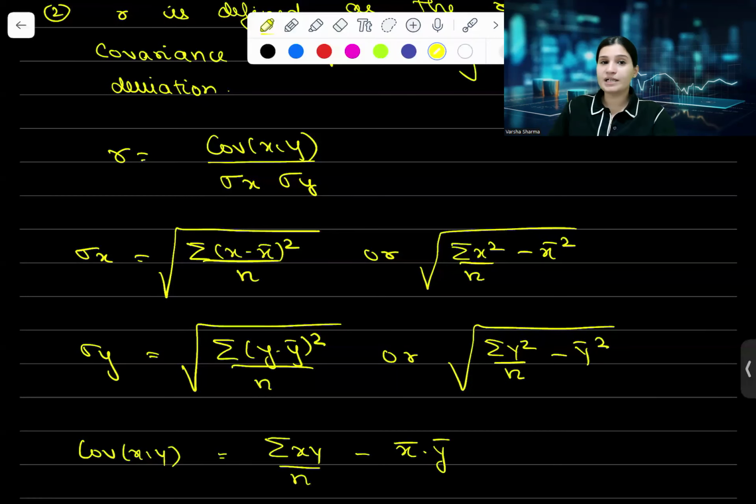So it's a pretty long one. There are several formulas here. This is one of the formulas. Is it okay? Have you all written the formula? Yes, ma'am.